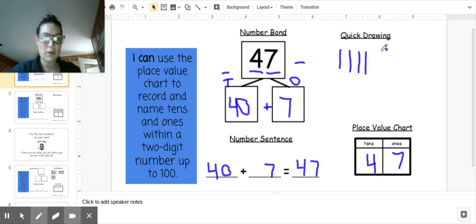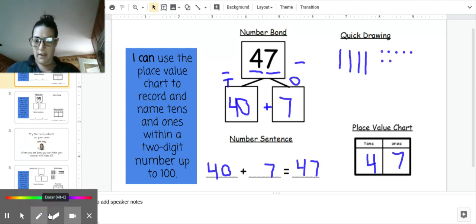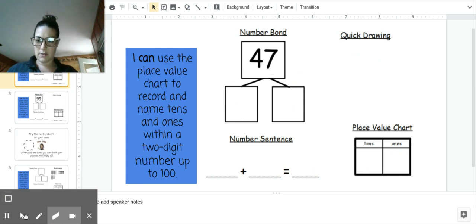And remember, when we're drawing our ones, we want to make it look like a 10 frame, okay? But we've only got 7, so we'll get 1, 2, 3, 4, 5, 6, 7. And there you go. Okay, let's erase this. Let's do another one and see how we can do.